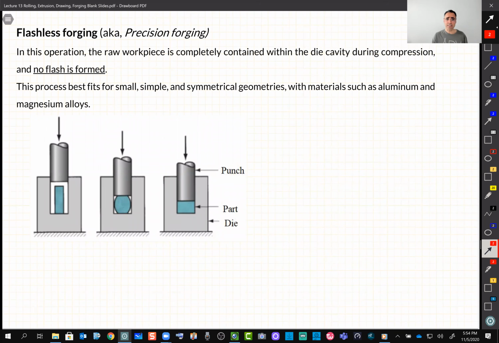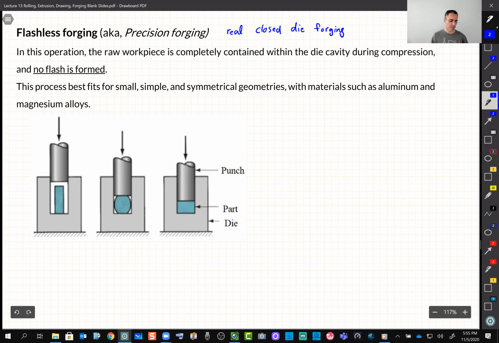And then the last type of forging is flashless forging, which is also known as precision forging, or some people call it real or true closed die forging.